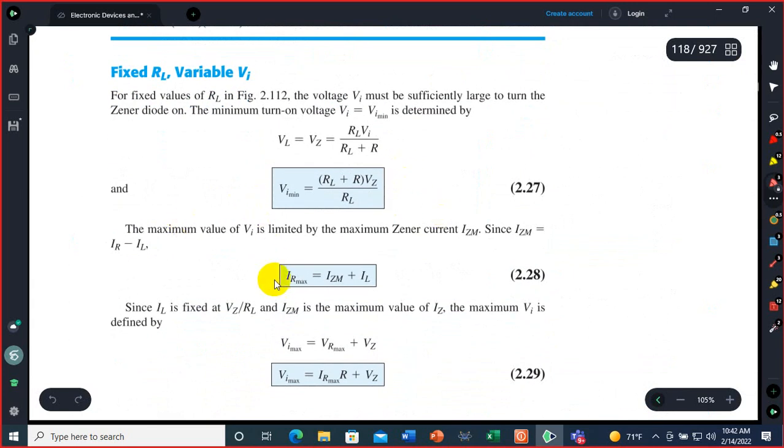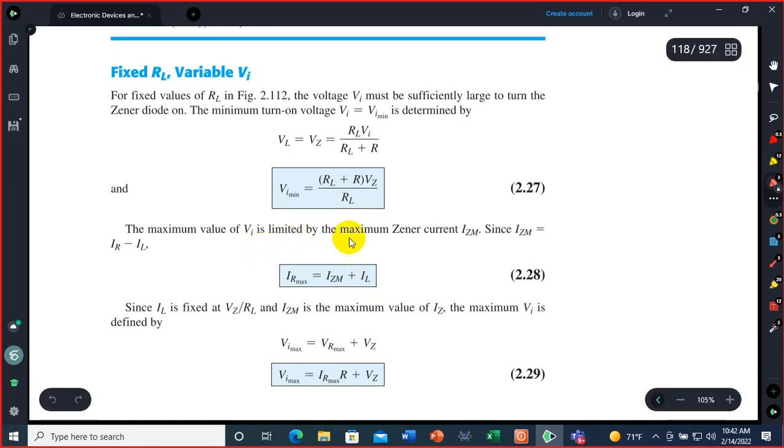So IR max, the maximum current through the resistor R, is the maximum current through the Zener diode plus the load current.